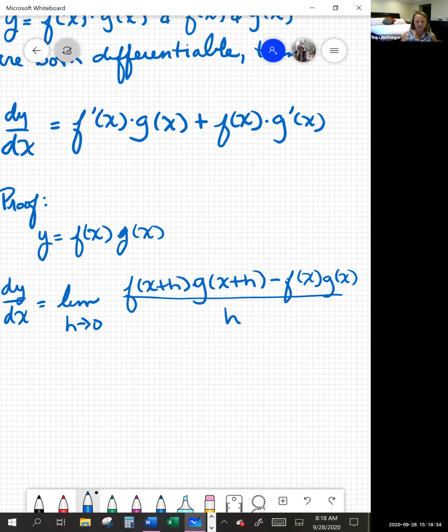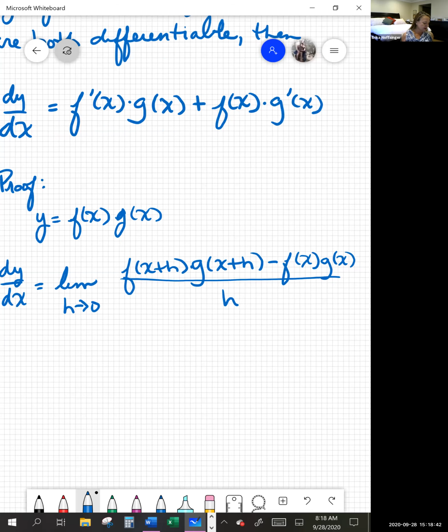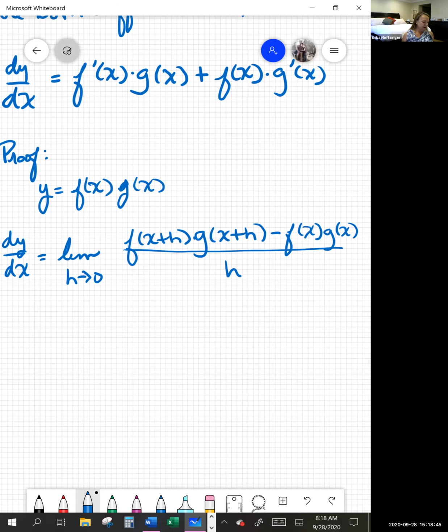So the problem is if we plug in 0 wherever we see an x, we're going to get the form 0 over 0, which doesn't tell us anything. So there is a trick here.